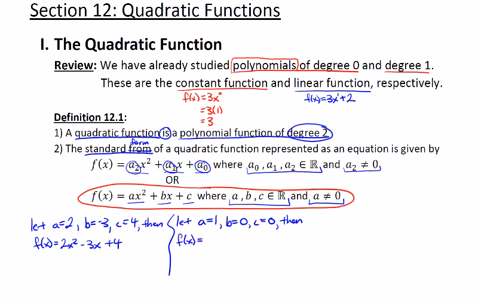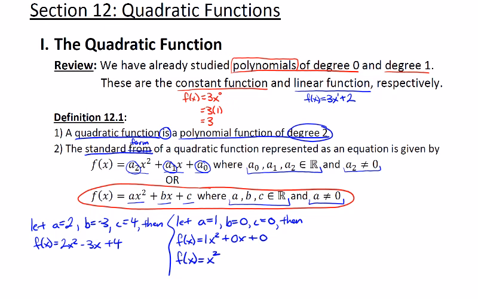F of x equals 1x squared plus 0x plus 0. And the 0x plus 0 part really doesn't need to be there, since they're all just going to be 0 in value anyway. The coefficient of 1 on the x squared also doesn't really have to be shown. It's always implied, even if you don't write it. So really, this is the same as saying f of x equals x squared.